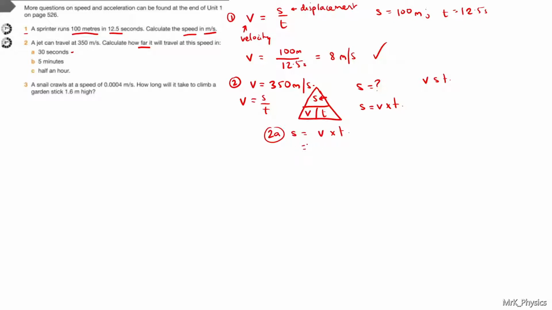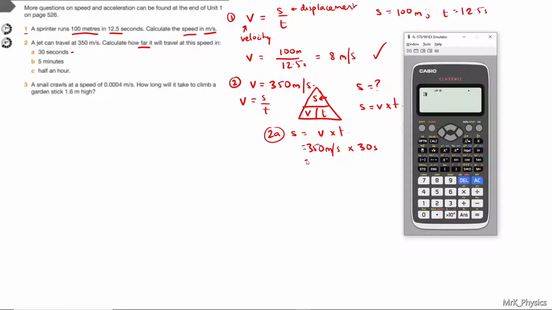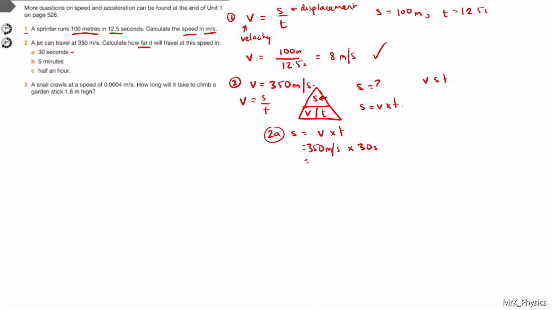We know that our v is 350 meters per second, and our time is in seconds, so no worries about doing any conversions there. Pretty nice and straightforward. 30 seconds, so 350 times 30, let's bring the calculator again. 350 times 30, 10,500 meters. Why is it meters? Because we did meters per second times seconds.